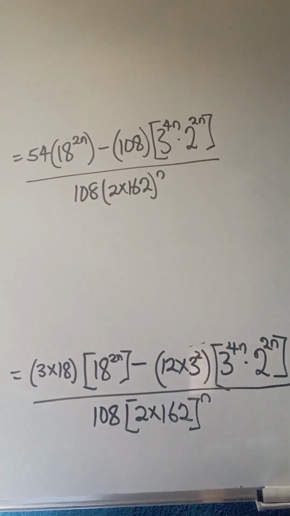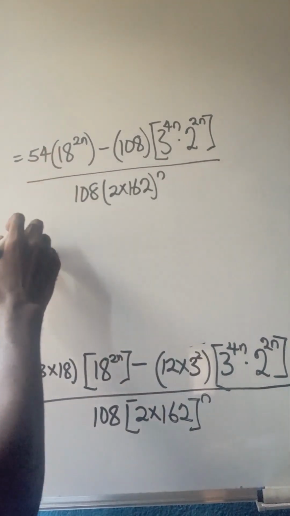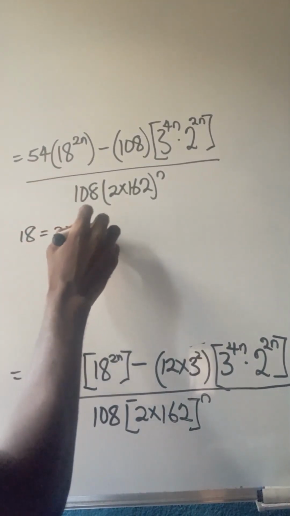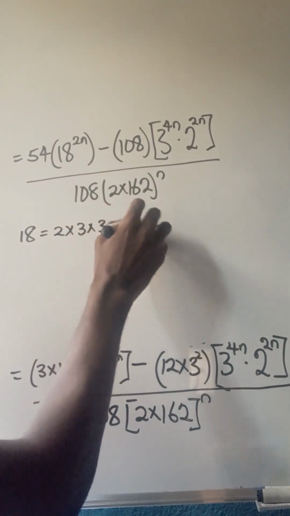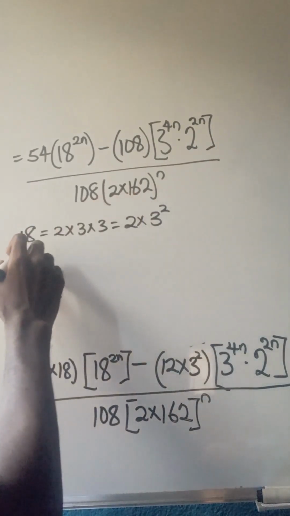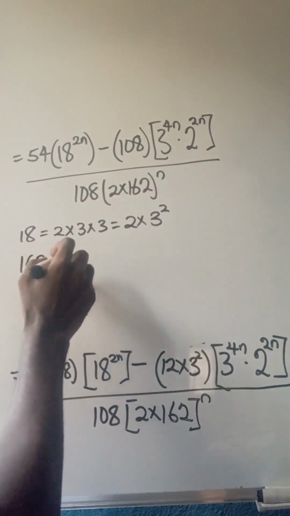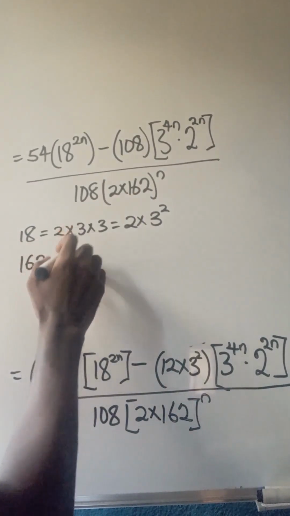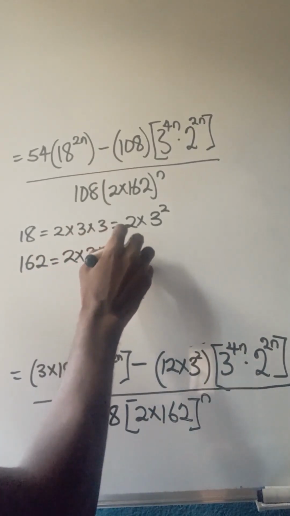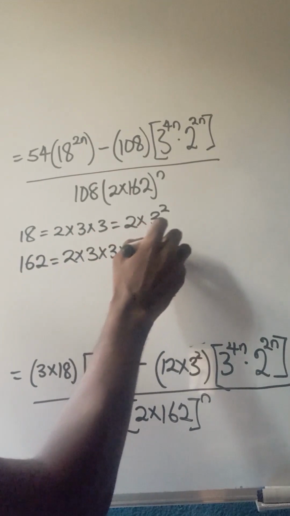Now there are a few things we have to simplify. For instance, 18 means 2 times 3 times 3, which you can write as 2 times 3 raised to power 2. Here, 162 simply means we have 2 times 3 times 3 times 3 times 3.